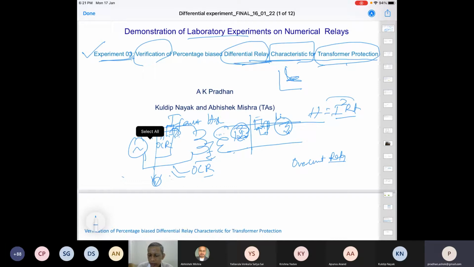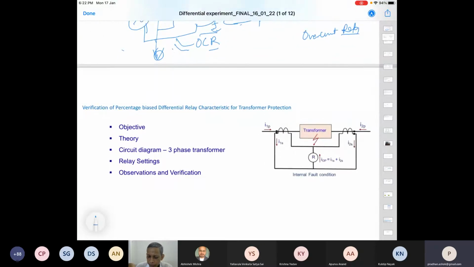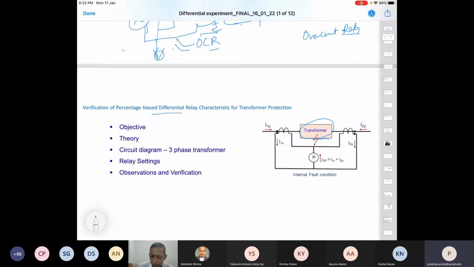Which relay? The differential relay. There is a specific name called percentage bias differential relay. We'll come to that. First we'll see what the differential is, and then what the percentage bias relay is. So with this background, we have a transformer element, and we would like to protect the transformer using the differential principle.